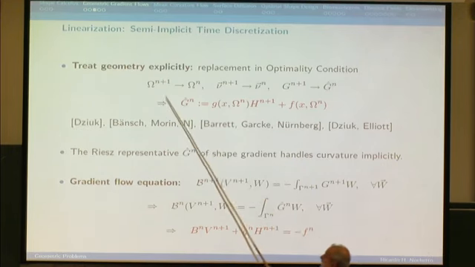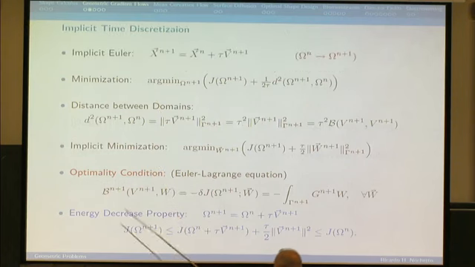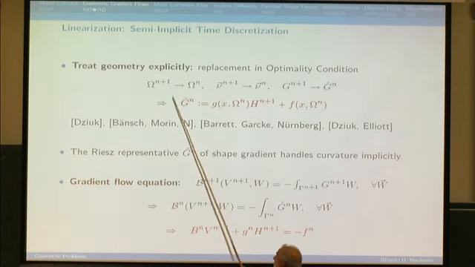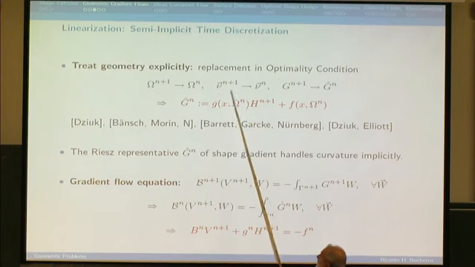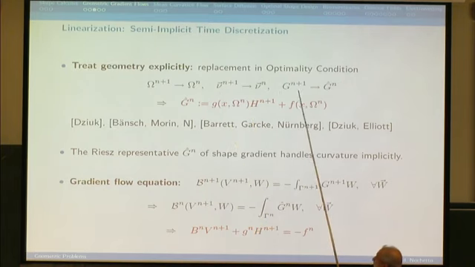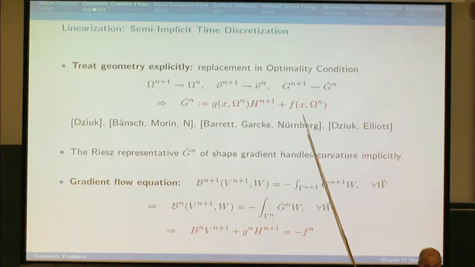So instead of having this defined in omega n plus 1, computing in gamma n plus 1, and so on, we are going to do the following compromise. Replace the new domain, which we don't know, by the current domain we know, and all the operators that appear in omega, like the normal, differential operators, and so on, will be replaced by the current, which we know. The gradient is something we can compute.